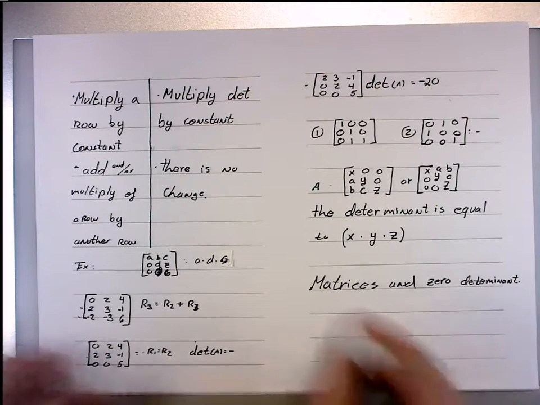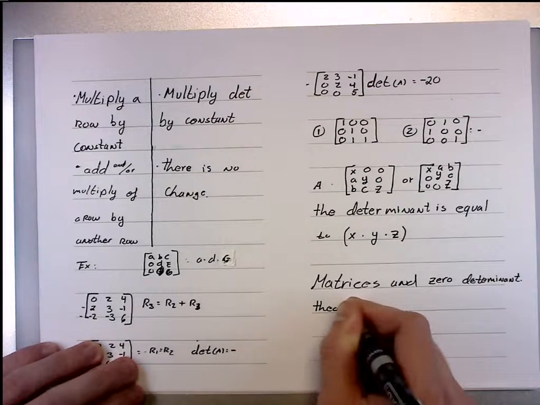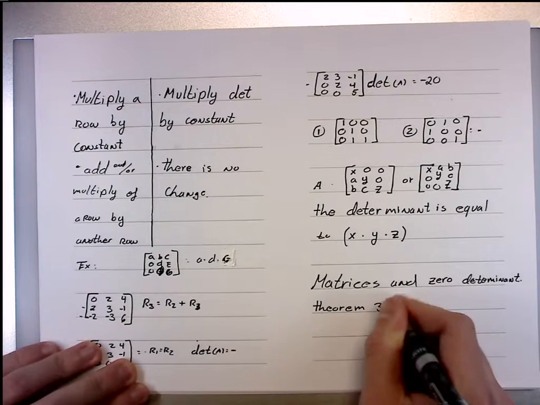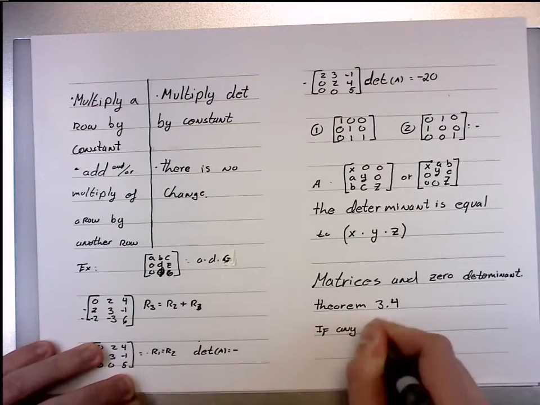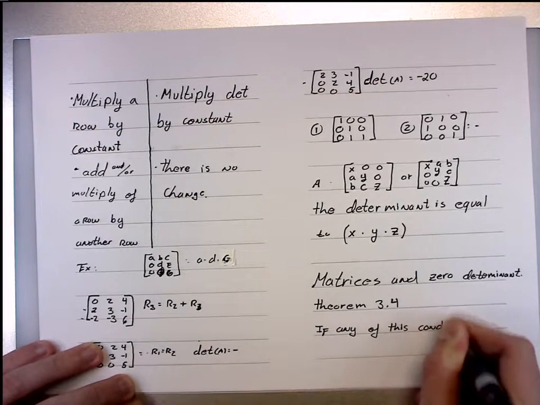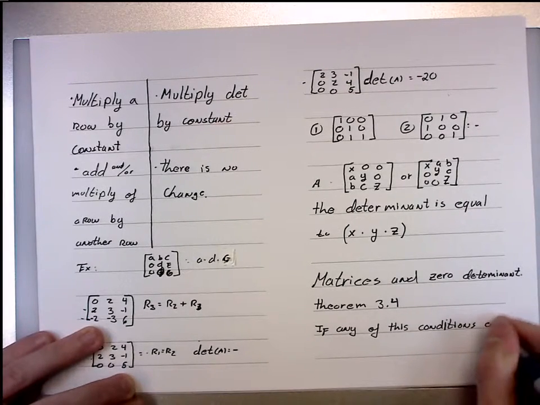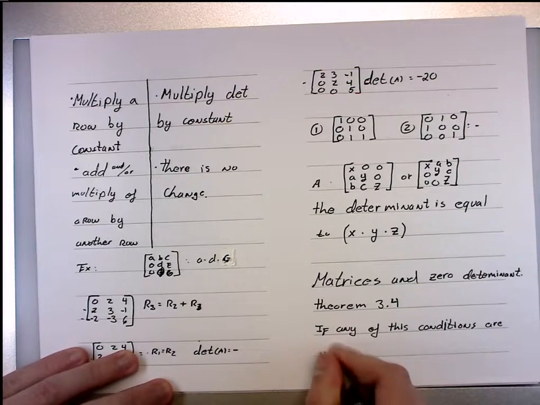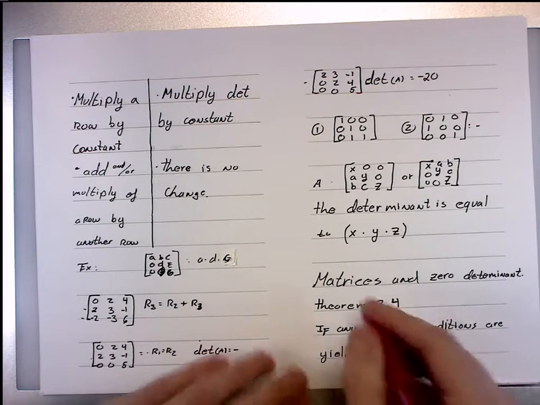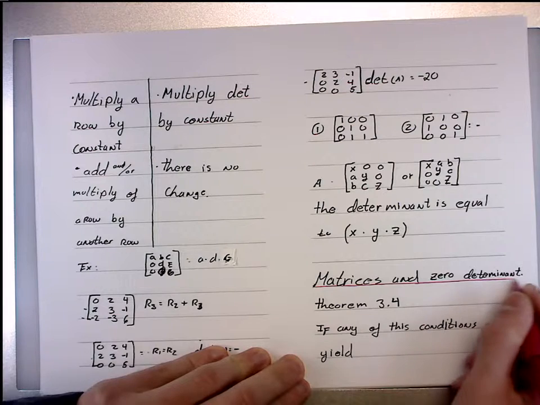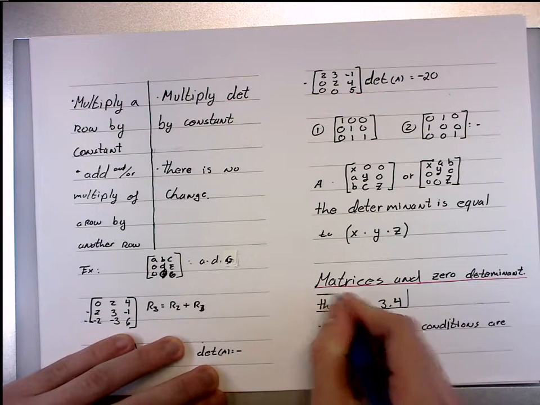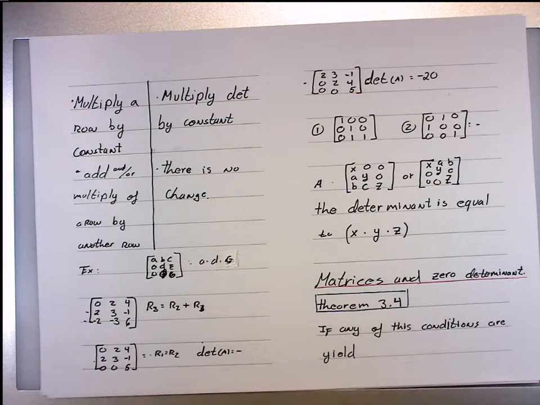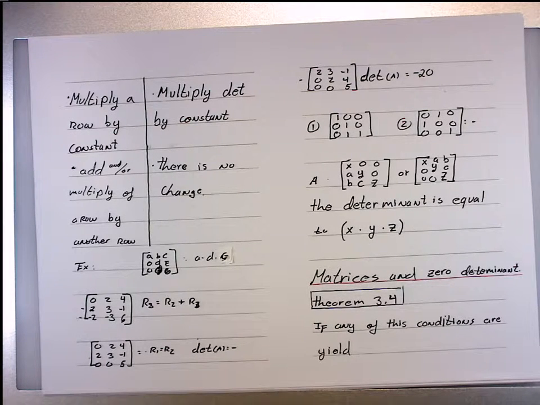So this gives you theorem (3.4), which says if any of these conditions are met, because you may want to underline topics and subtopics. It's any of them: it doesn't matter if it's three or just one.